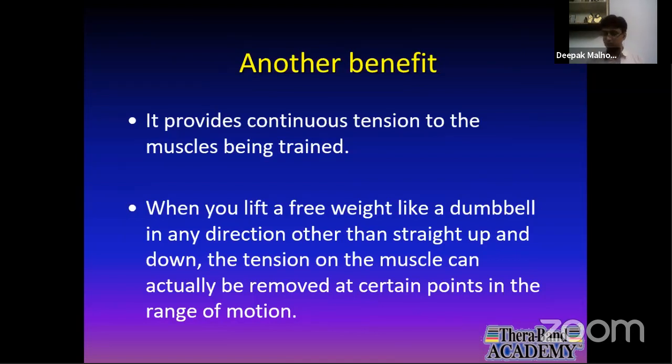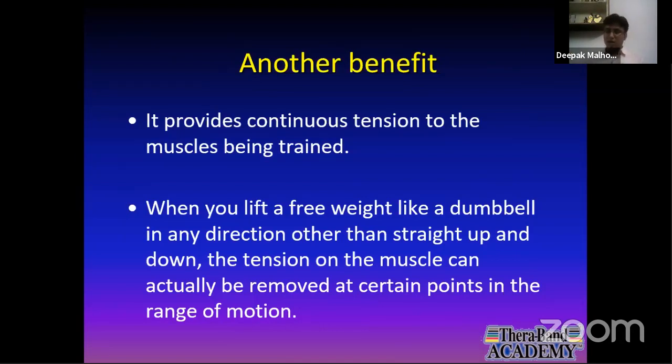This is the force angle, the angle between the band and the lever. So when the force angle is 90, the band gives maximum resistance. When the force angle is 0 or 180, the band gives least resistance.